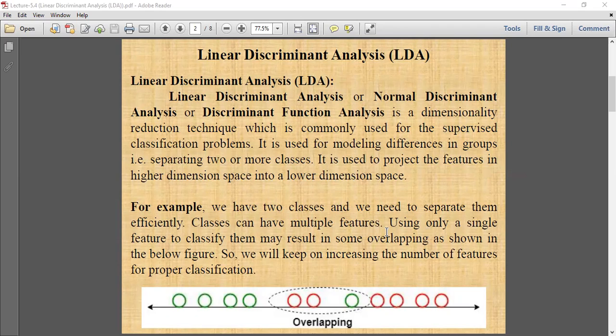Using only a single feature to classify them may result in some overlapping as shown in the figure. So we will keep on increasing the number of features for proper classification. So these are the data sets, the green color and orange color, and this is the overlapping.